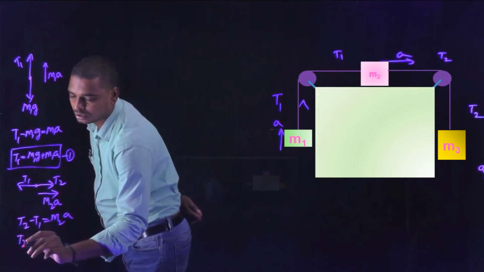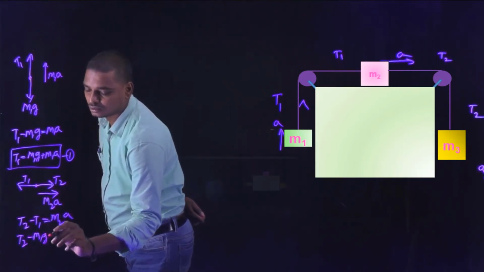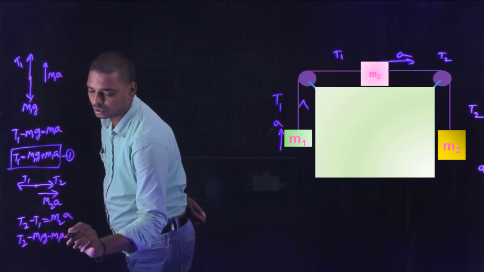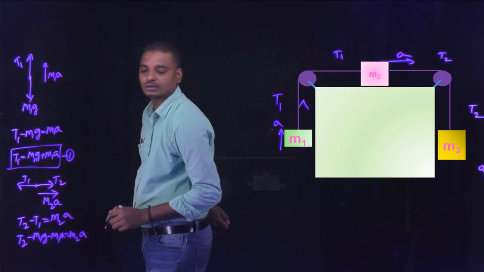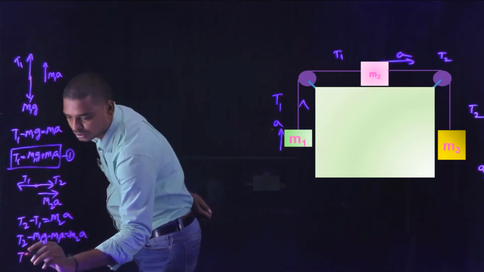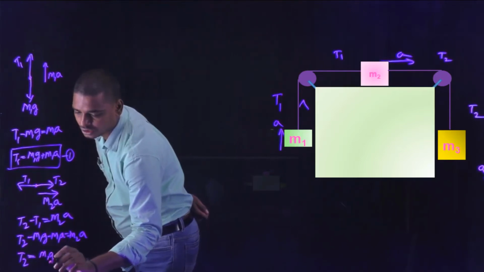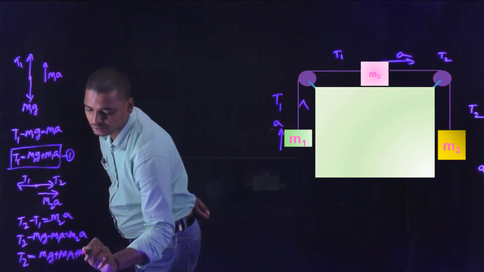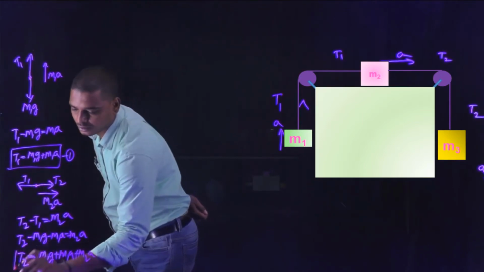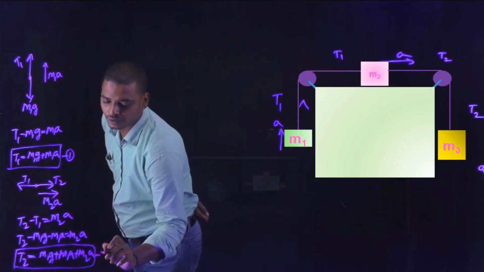Substituting the T1 value, T2 minus M1G minus M1A is equal to M2A. From there, the equation for T2 is T2 equals M1G plus M1A plus M2A. Let it be equation 2.